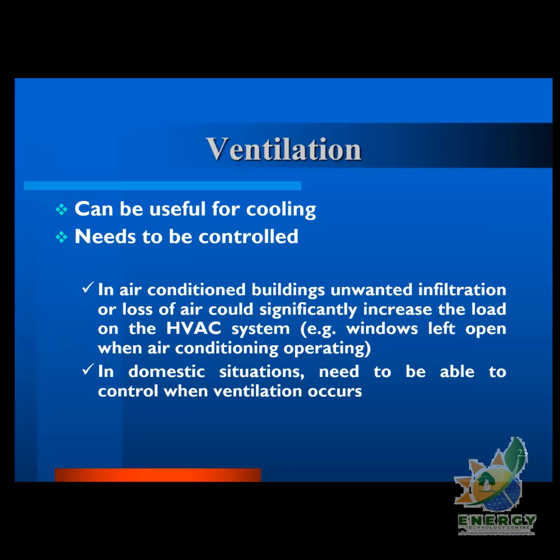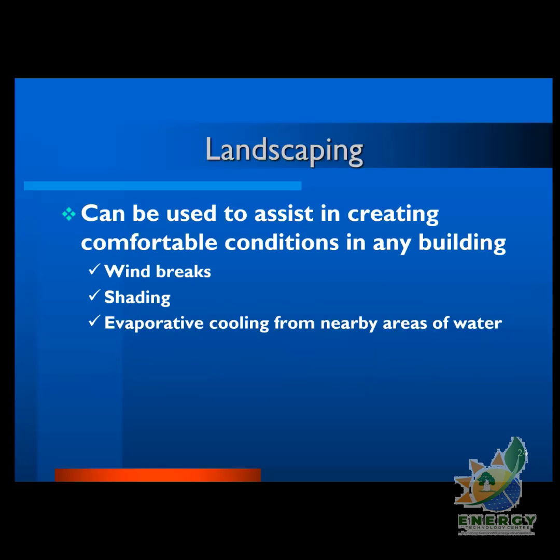In air-conditioned buildings, unwanted infiltration or loss of air will significantly increase the load on the heating, ventilation, and AC systems, in terms of windows left open when air conditioning is operating. In a domestic situation, you need to be able to control when ventilation should occur.